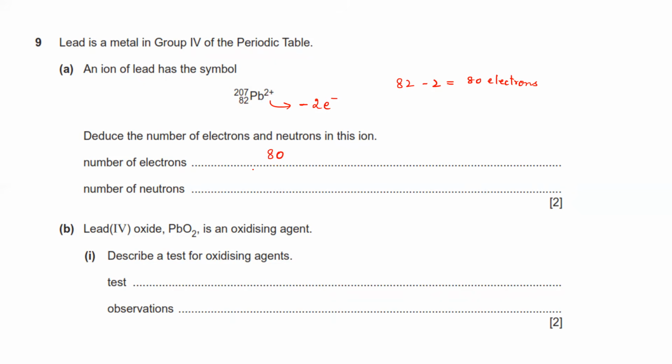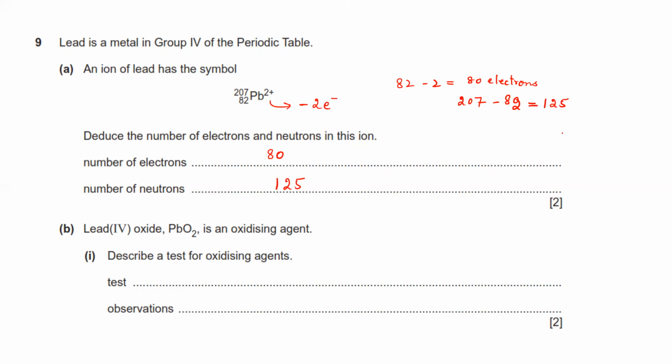Number of neutrons is 207 minus 82, and this comes out to be 125.